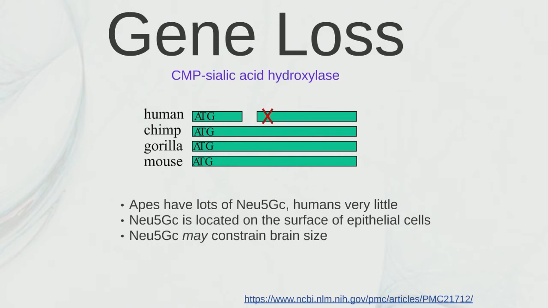This is the product of this gene. And apes have a ton of it, but we have almost none. It seems to generally be localized on the surface of epithelial cells. And interestingly, there's some data that it looks like it constrains brain size. So possibly that we lost this gene and we have less of this sialic acid could be leading to our larger brains. It's a hypothesis.